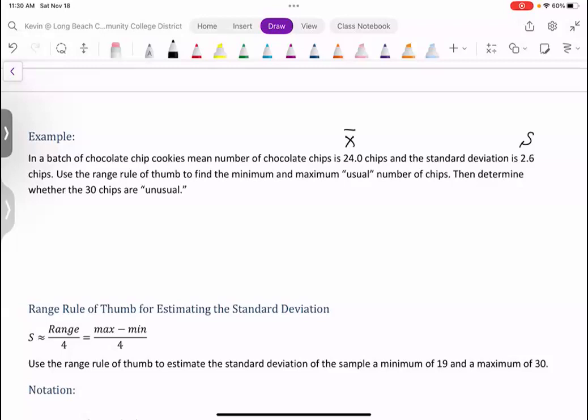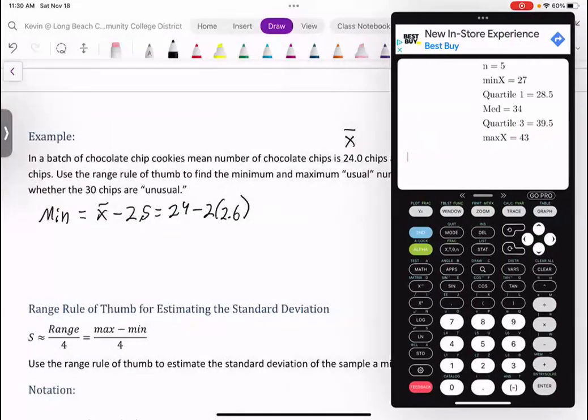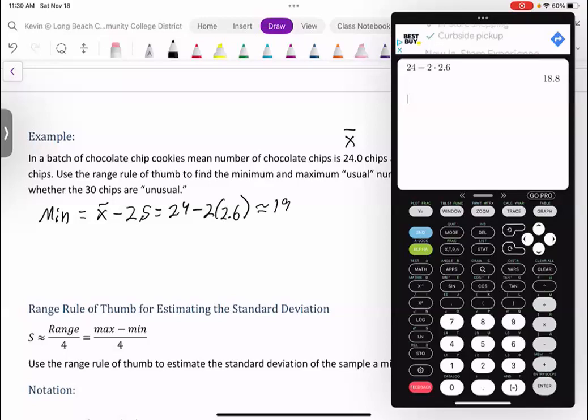All right, so here's our minimum. Usual is going to be x bar minus 2 standard deviations. In this case, that's 24 minus 2 times 2.6. So it's about 19 chips.